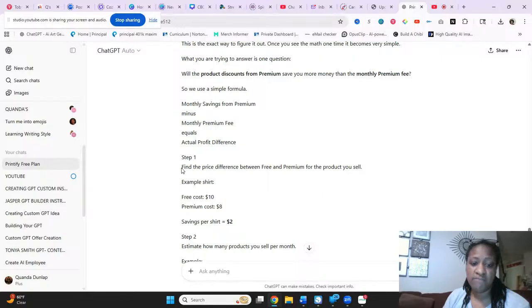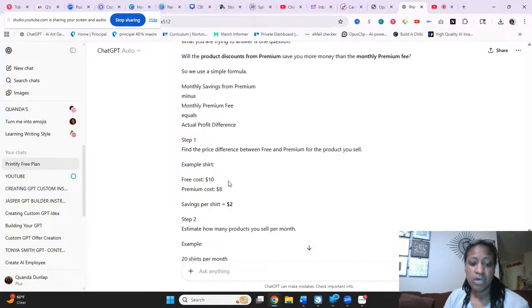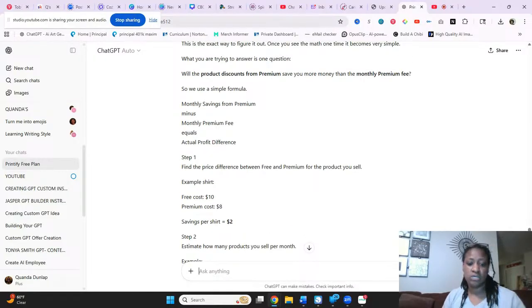Step one, find the price difference between free and premium for the products you sell. For example, okay, I'm going to say, do not give me made up numbers for the price.